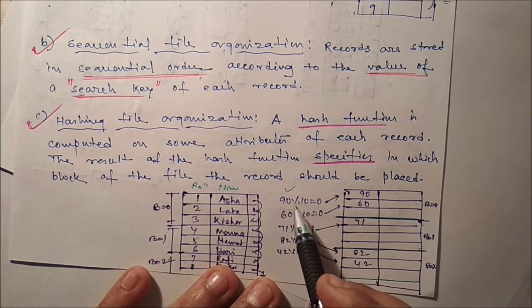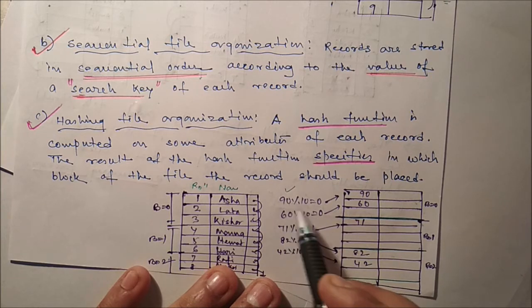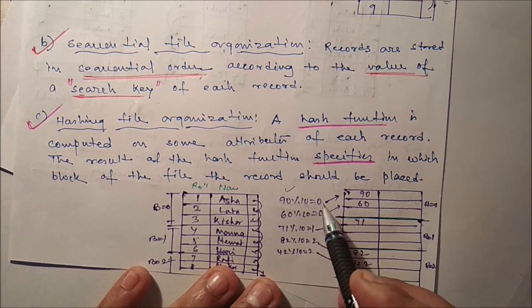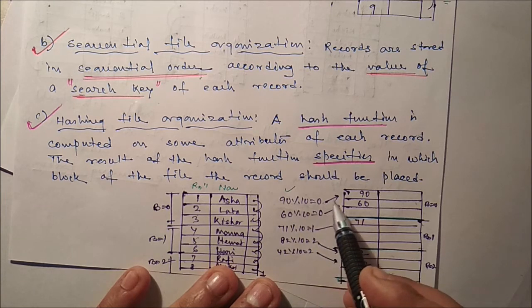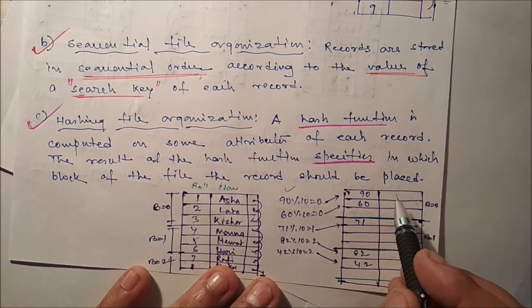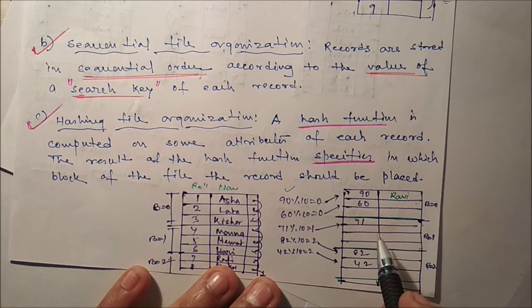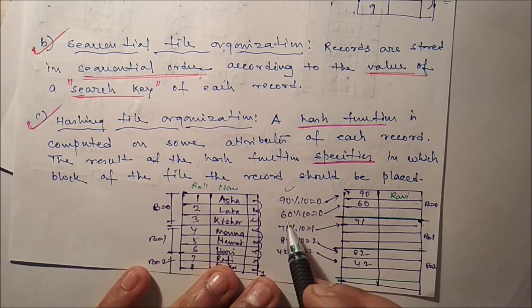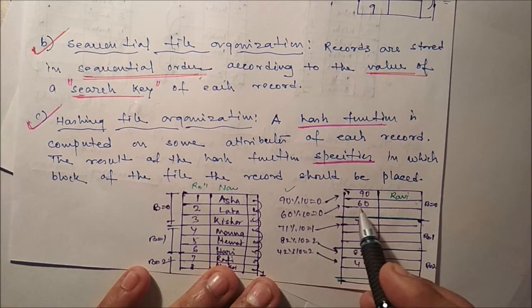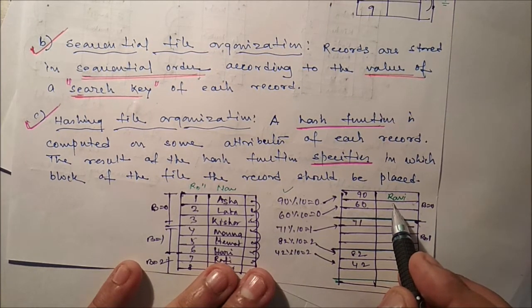Now 90 modulo 10, this modulo 10 is nothing but the hash function, and 90 is the key. 90 modulo 10 is 0. So 0 is the block number, it indicates the 0th block. Here we store 90 and the name, say Ravi. Similarly 60 modulo 10 is 0, so here we can put 60, say Ram.